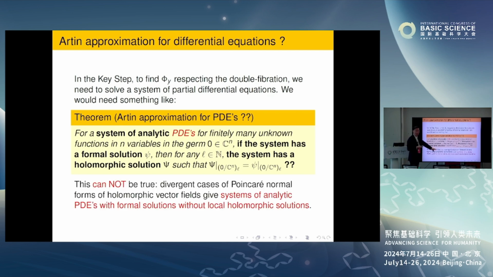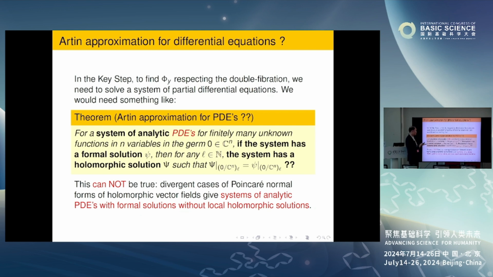It cannot be true. The reason is you have this divergent case of Poincare normal form of holonomic vector field. And that's exactly a problem like this. You are given two vector fields, and you assume that there's a formal conjugation of these two holomorphic vector fields.